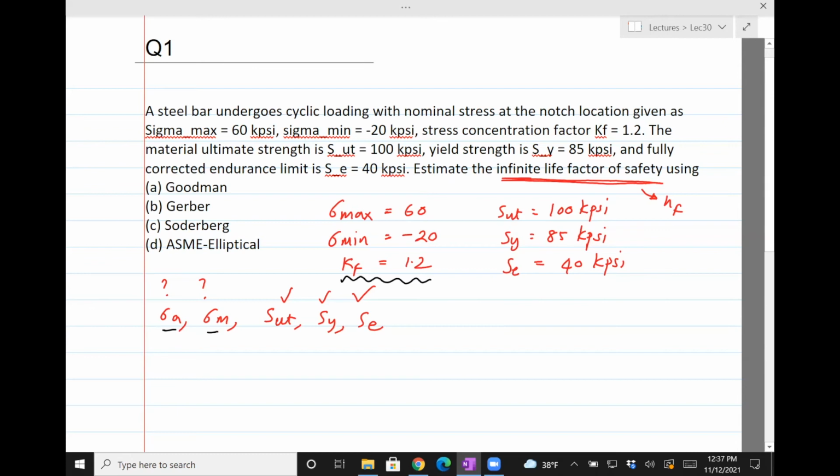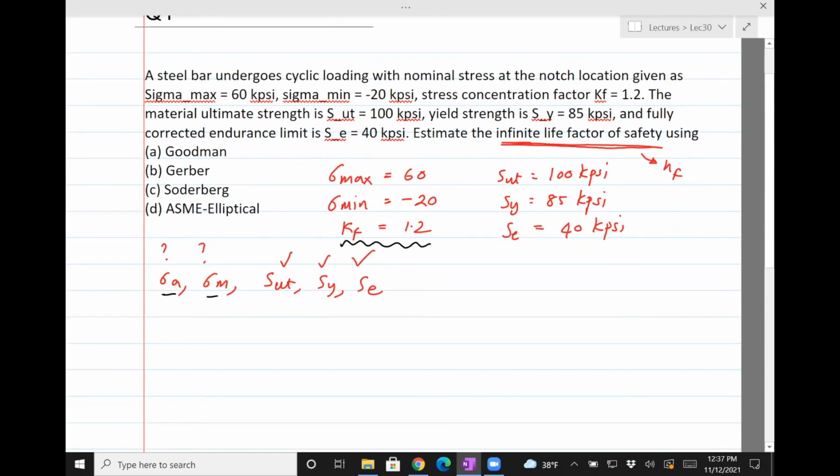So let's first find sigma a and sigma m when there is no stress concentration, right? The nominal value. I'm going to denote that as sigma a nominal, and by formula that is sigma max minus sigma min divided by 2. That's just the definition of sigma a. So 60 minus minus 20, divided by 2.